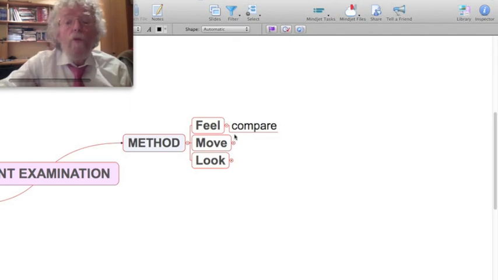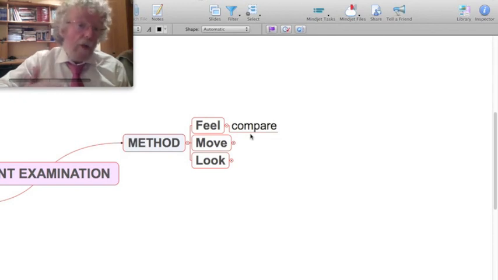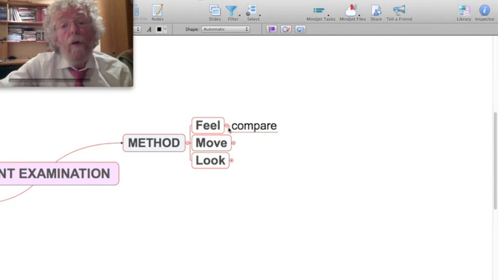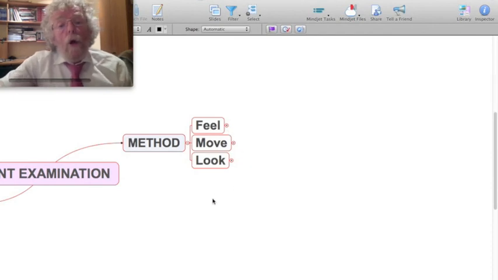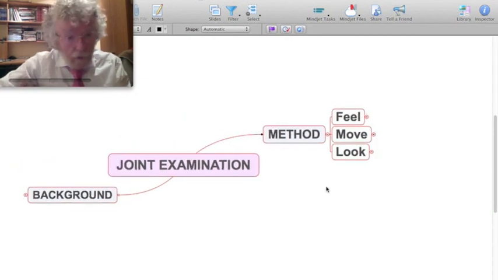So one has the opportunity to compare that symptomatic joint with its asymptomatic counterpart, or compare the temperature over the joint with the temperature over a local muscle mass to see if there is in fact a difference. So I would hope that these thoughts would help you with nearly any joint.